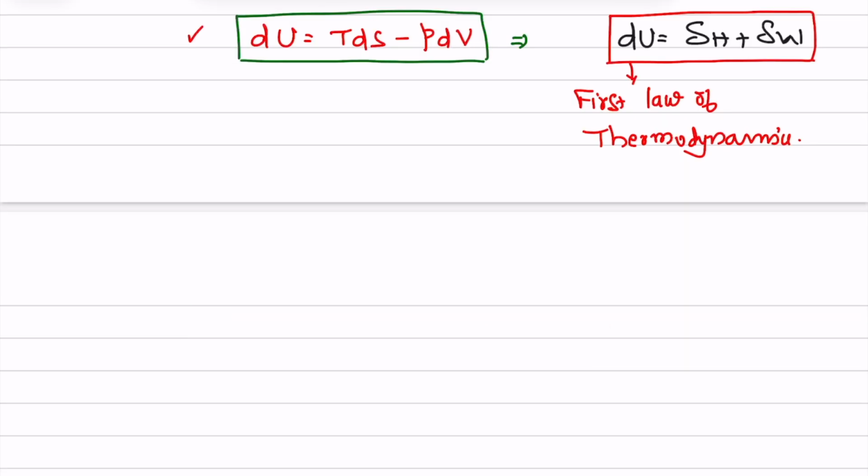When there is no work done, the total work done is not there, then this becomes 0. What happens then? du is equal to TdS.